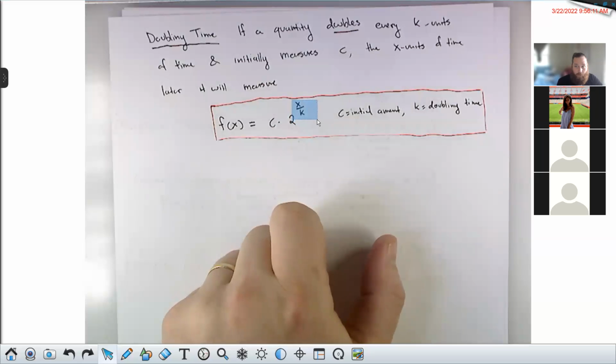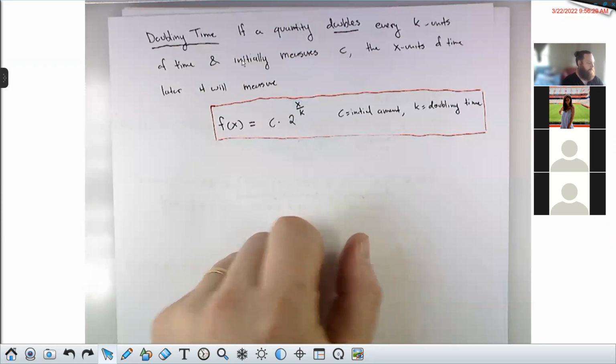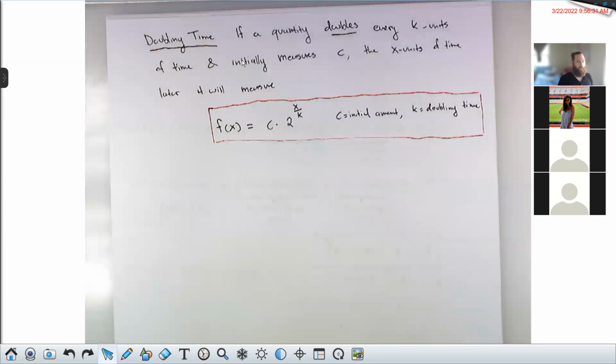If x is equal to 2k, then this power is 2. If x is equal to 3k, then this power is 3. So this power increases by 1 every time x increases by k. And that means that this exponential multiplies by 2 every time x goes up by k. And that's what we wanted, right? We wanted some function which doubles the output every time the input increases by k.